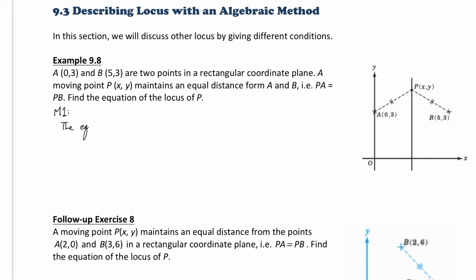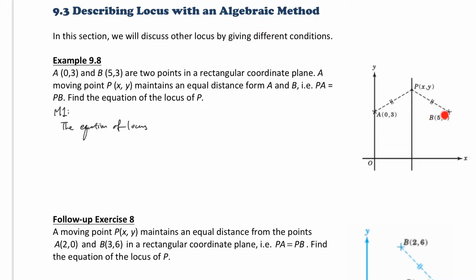The equation of locus is this straight line. What's the equation of this straight line? This is a vertical line because the y coordinate of A and B are equal. So this is a vertical line and pass through the midpoint of AB.